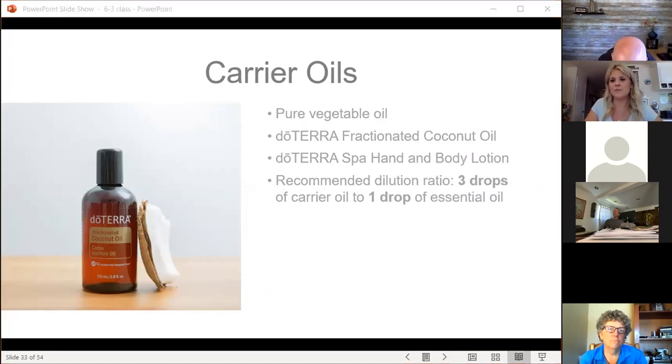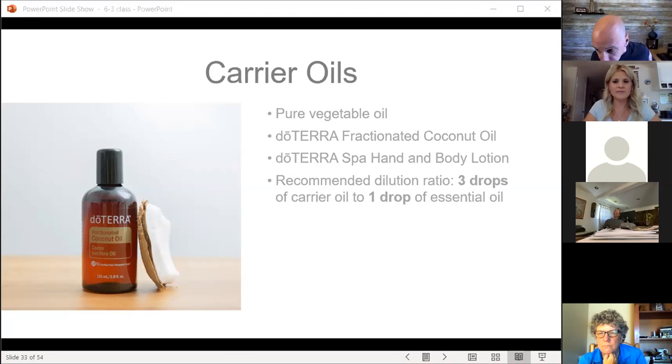Those are some great ways you can dilute in what's called a carrier oil. It's just a way to have one drop of essential oil, its molecules dispersed through a carrier oil, an oil that's going to help carry it across the skin. It'll also slow down some of that absorption.